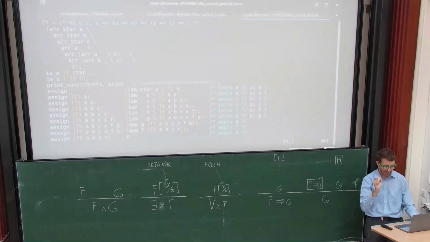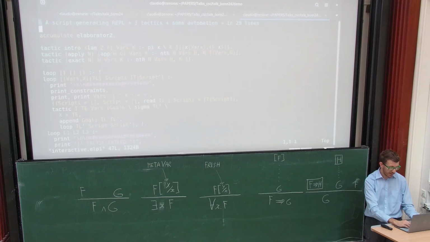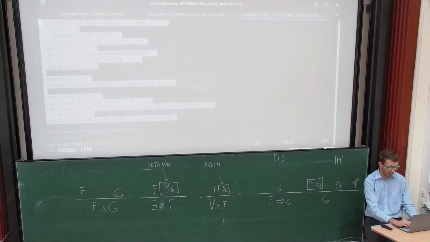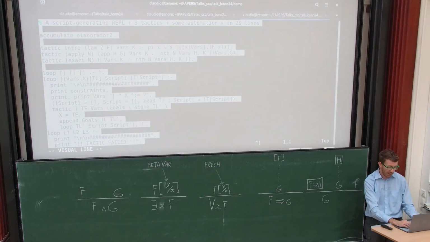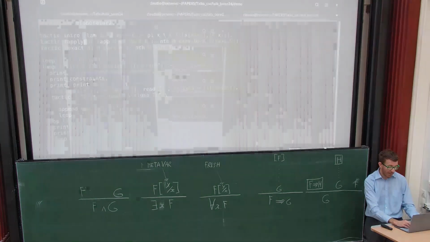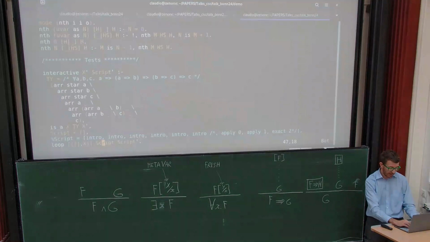At every line, I'm doing a little bit of assignment. So let me very quickly show this. On top of that, I just add these lines. They are not much. It's just a top level of my language, and an interpreter for tactics. So for example, intro just builds a lambda, apply an application, exit a term, and so on. And what I'm left with is an interactive prover.